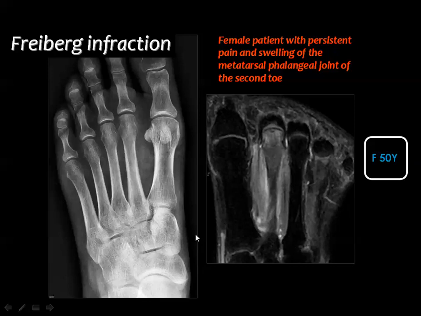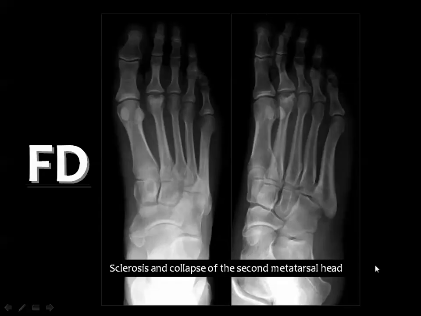But in order to diagnose Freiberg disease, there should be some flattening and irregularity of the metatarsal head. And here you see a classic appearance of Freiberg disease with cortical depression and bone sclerosis of the second metatarsal bone.